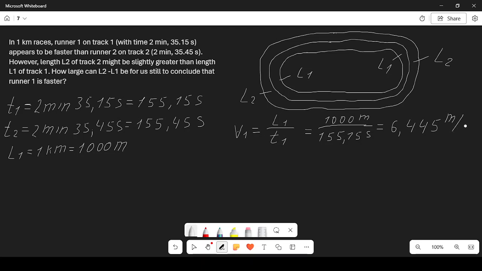meters per second. Okay, let's agree that we will count our physical quantities to the third digit after the point.